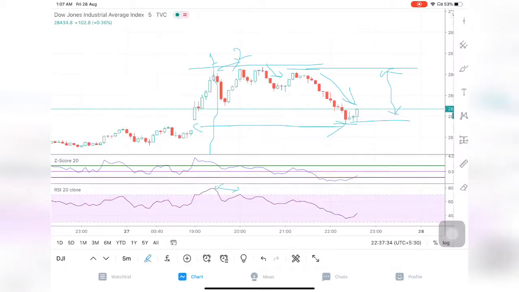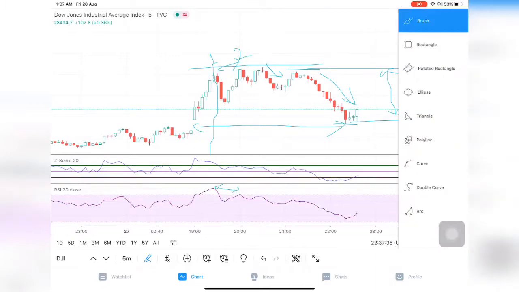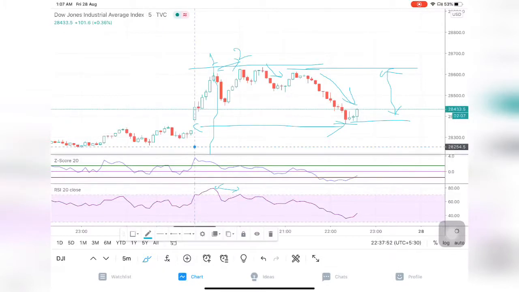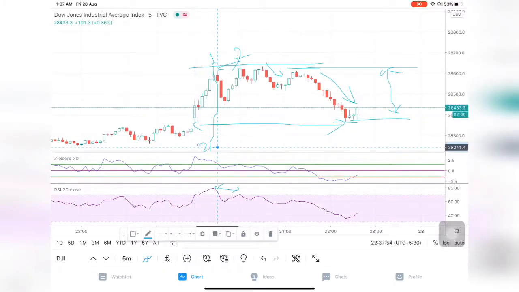So similarly, Z score also, you see here, Z score is above 2, and the value is maybe somewhere in between 2 to 4. So it is a good point to sell.